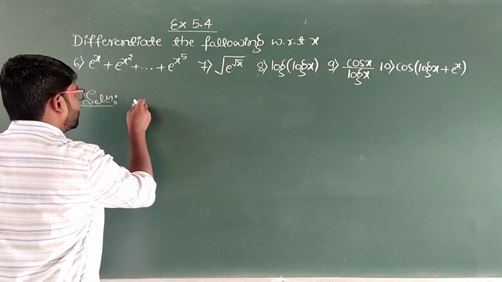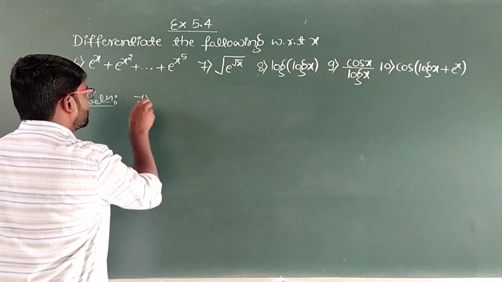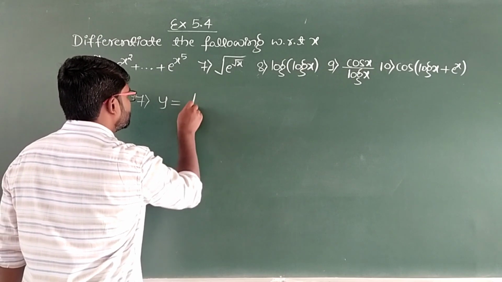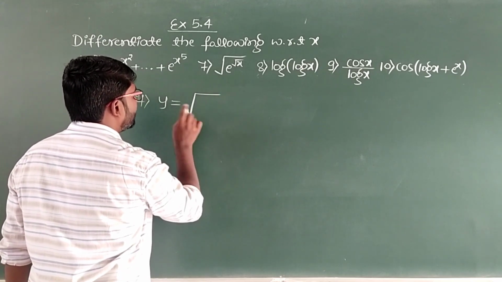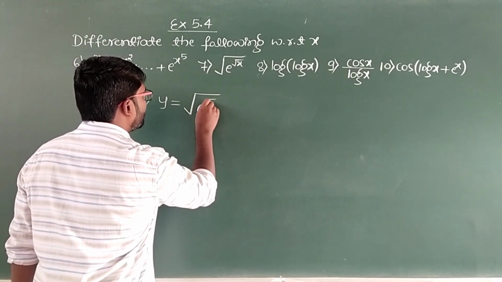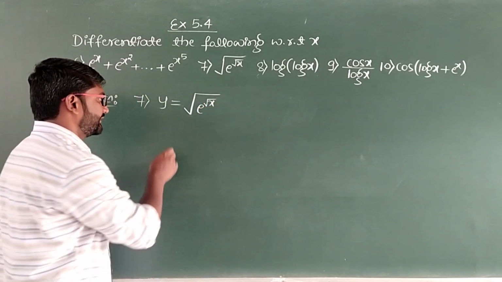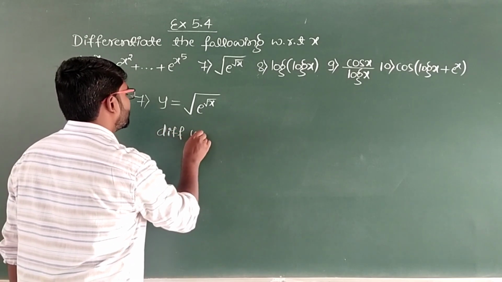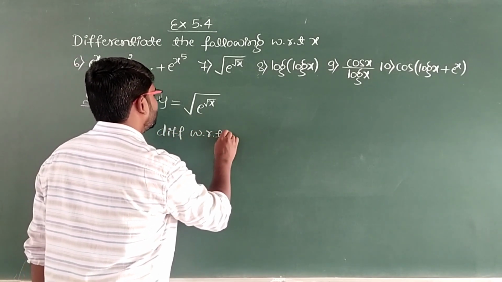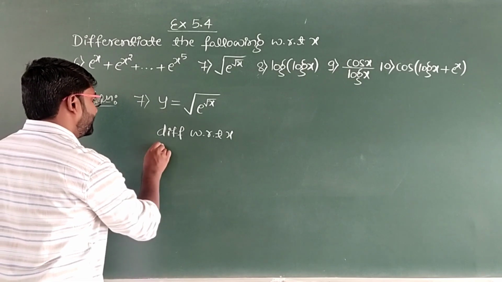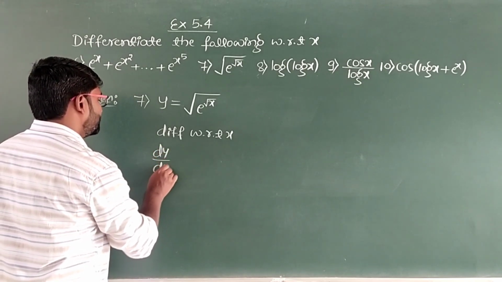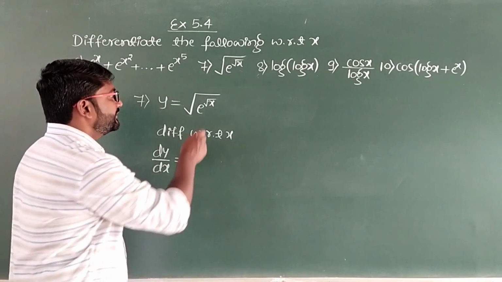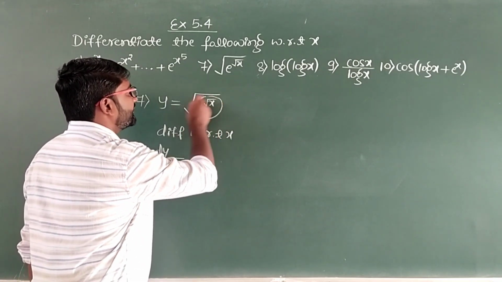Well, question number 7, y which is equals to square root of e to the power root x. So differentiate with respect to x. So we get dy by dx, this is equals to the derivative of the square root.